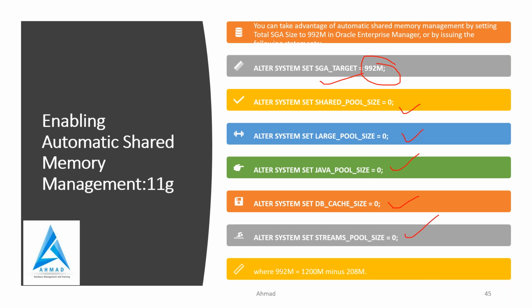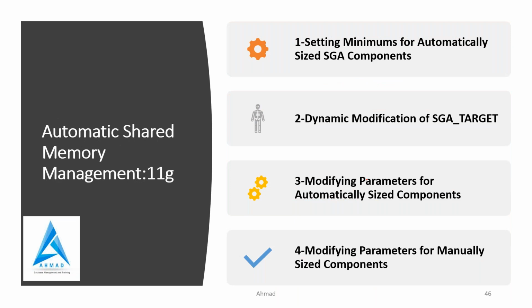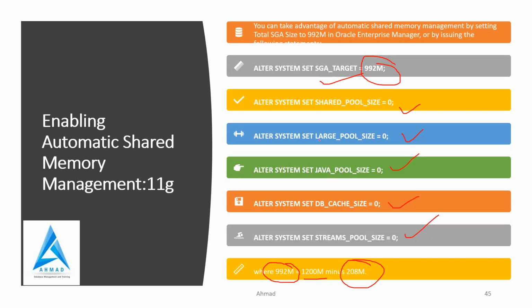Okay, so 992 MB is subtracted from 1200 and it remains 208. So this is the calculation of your database memory components. So you have to be very careful if you are setting any component's value explicitly.